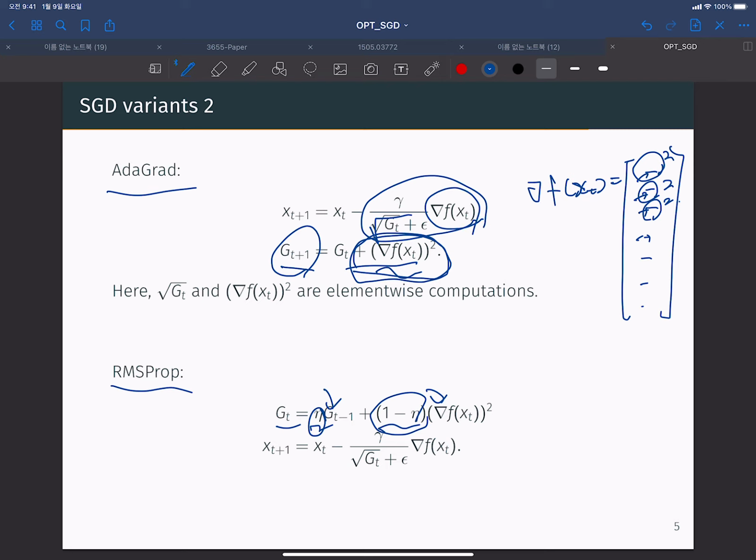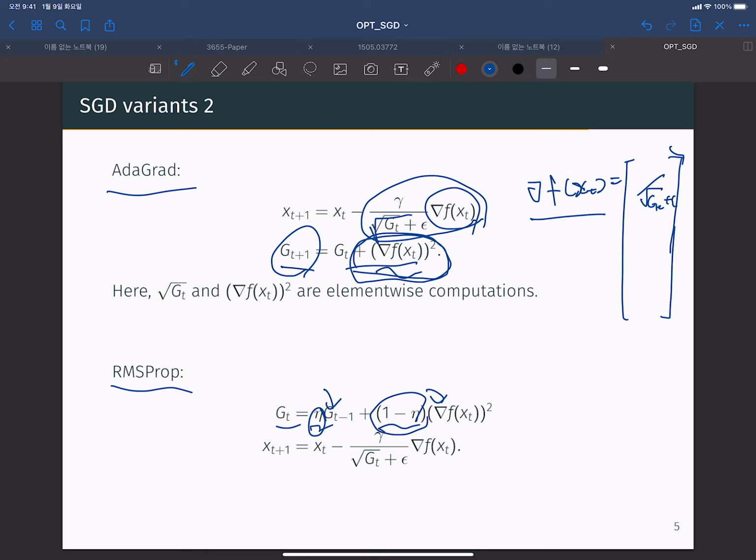Again, this is an element-wise computation, so each element of your gradient will be normalized by the square root of the corresponding element of g_t plus epsilon.